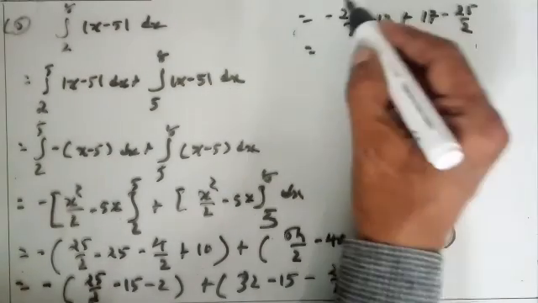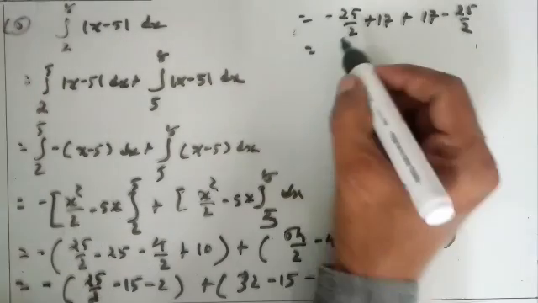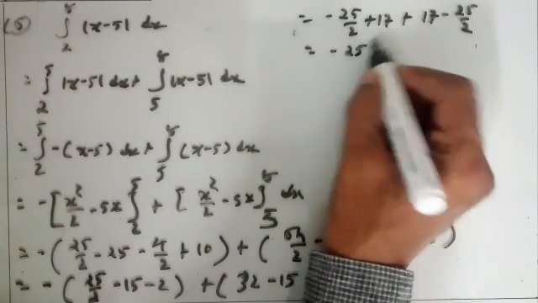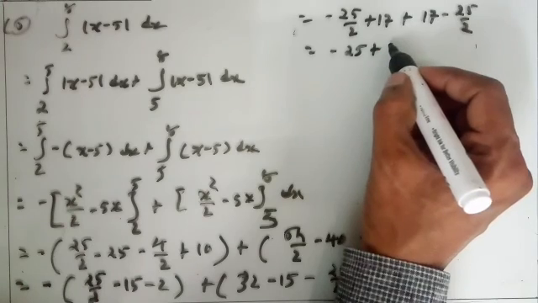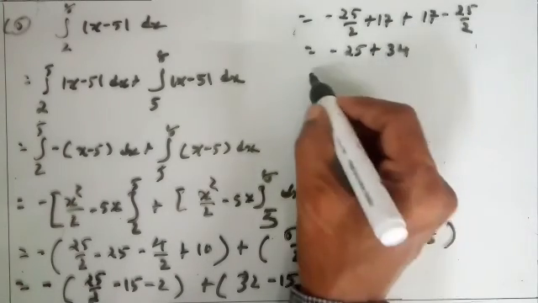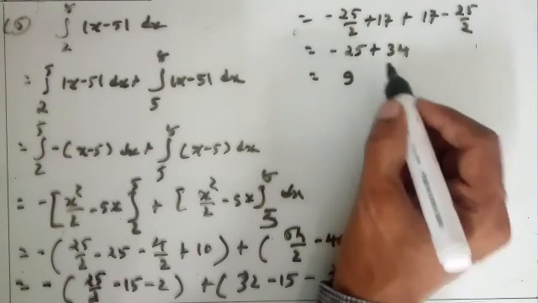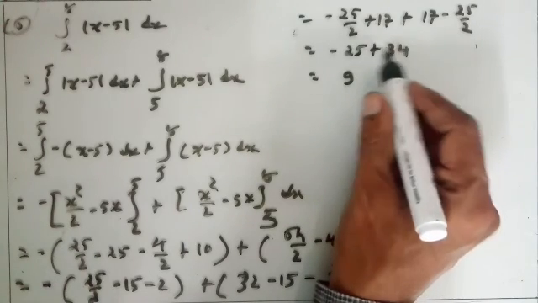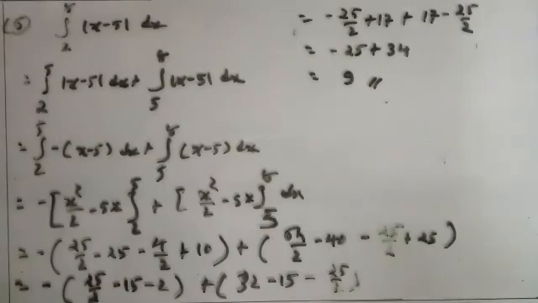Here minus 25 upon 2 minus 25 upon 2 becomes 2 times, so minus 25. 17 plus 17 becomes 34. So now simplify this: minus 25 plus 34 becomes 9. Okay, answer.